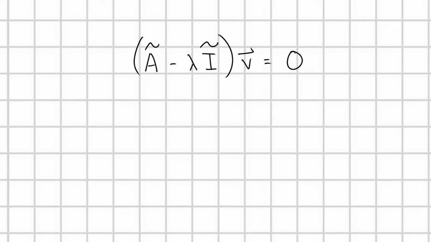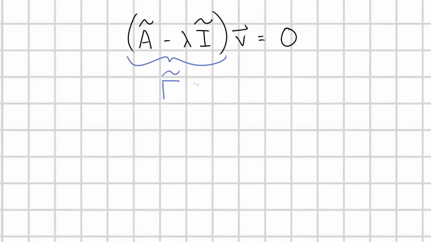Real quick, just to make this next part of the discussion easier, I'm going to group this. We have just a matrix minus a scalar times a matrix. This is just going to output another matrix. And I'm going to call this matrix gamma.